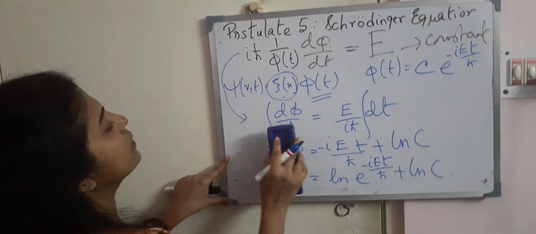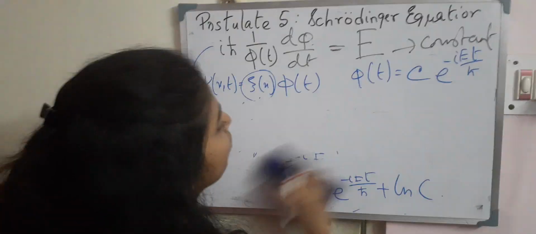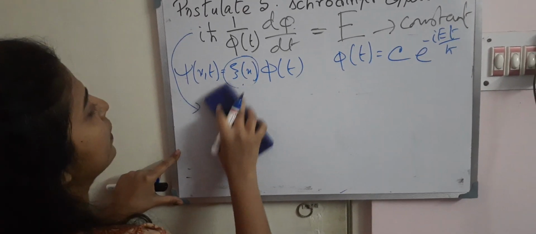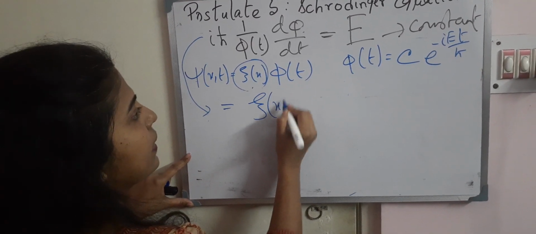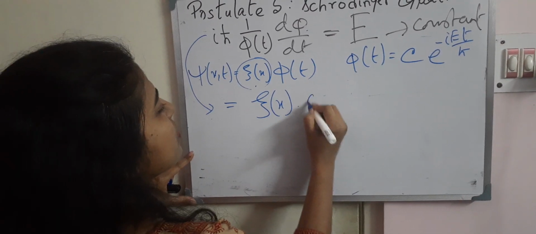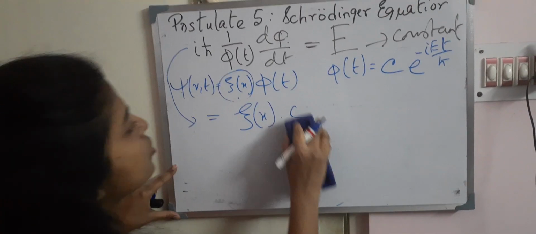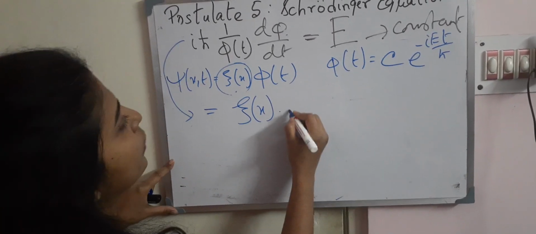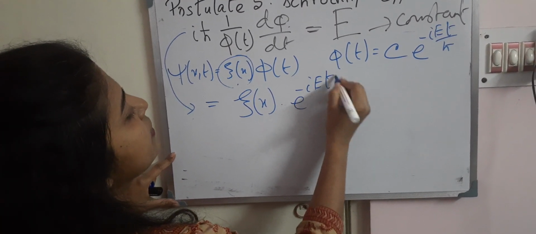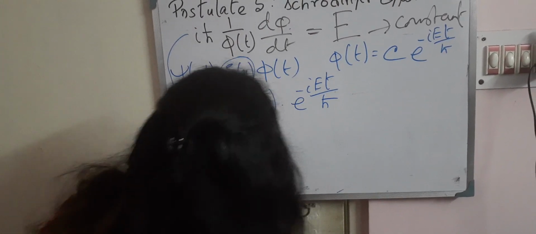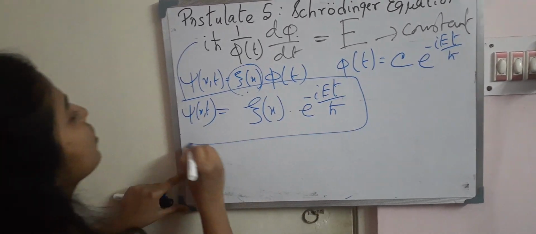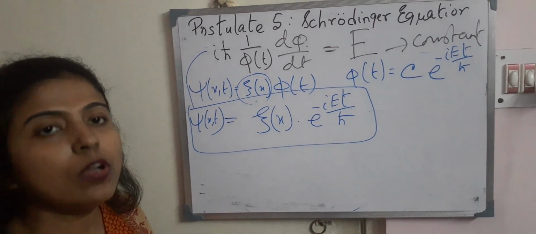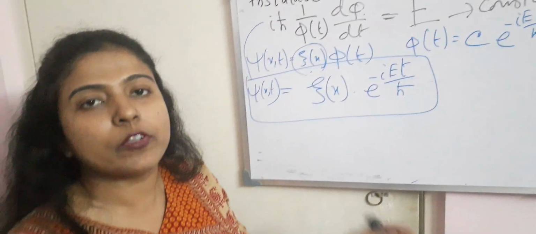So now we know how phi t looks, and if I put it in this equation, let us see how psi x t will look. Psi x t will be equal to psi x into some constant, and you can put the constant equal to 1 if you wish, or you may keep it, into e to the power of minus iEt by h cut. So this is how psi x t will look. To solve Schrodinger's equation for a given system, from now on we will write down the time independent Schrodinger equation for that system.